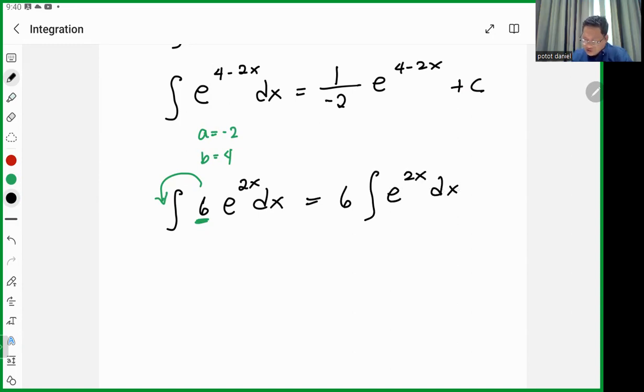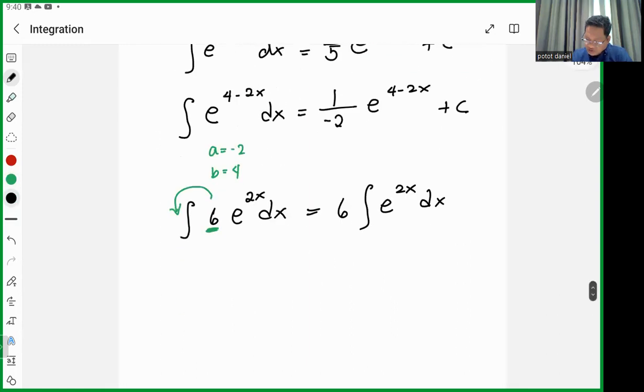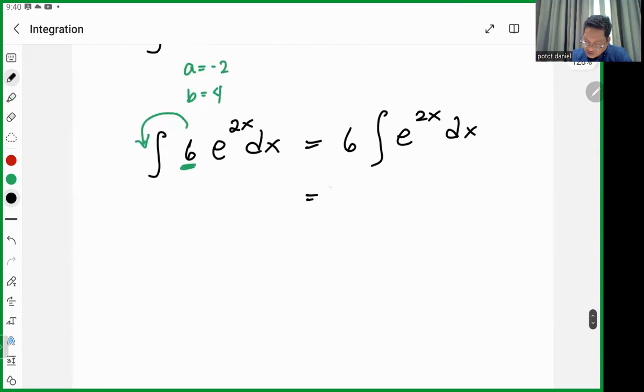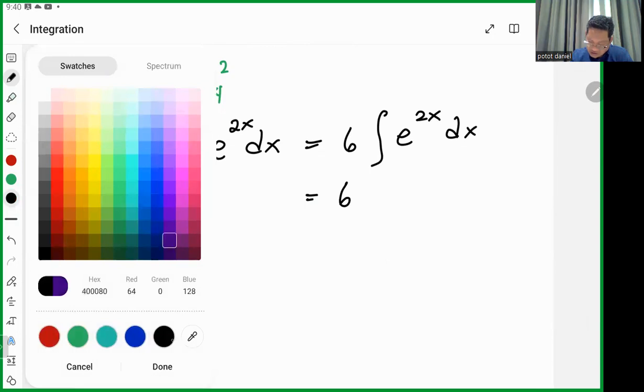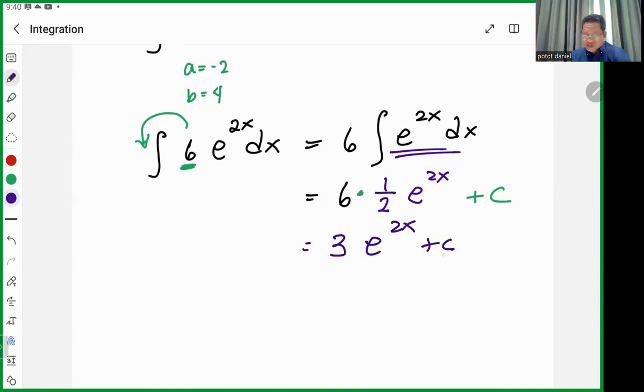Then let's use this formula. So that is equal to 6, I'll just copy that 6, and the integral of e to the 2x will be 1/2 e to the 2x, plus c. So 6 times 1/2 is 3. Therefore, 3 e to the 2x plus c.